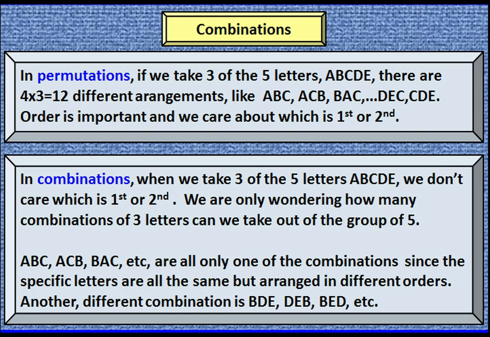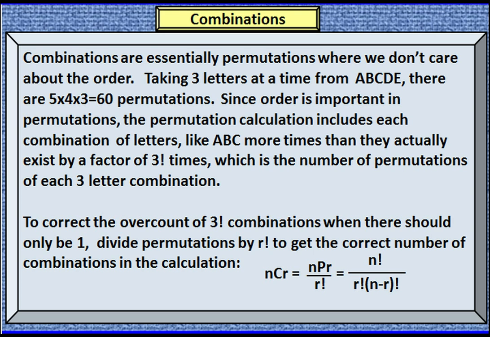We are only wondering how many combinations of 3 letters we can take out of the group of 5. ABC, ACB, BAC, etc. are all only one of the combinations, since the specific letters are all the same but arranged in different orders. Another different combination is BDE, DEB, BED, etc.